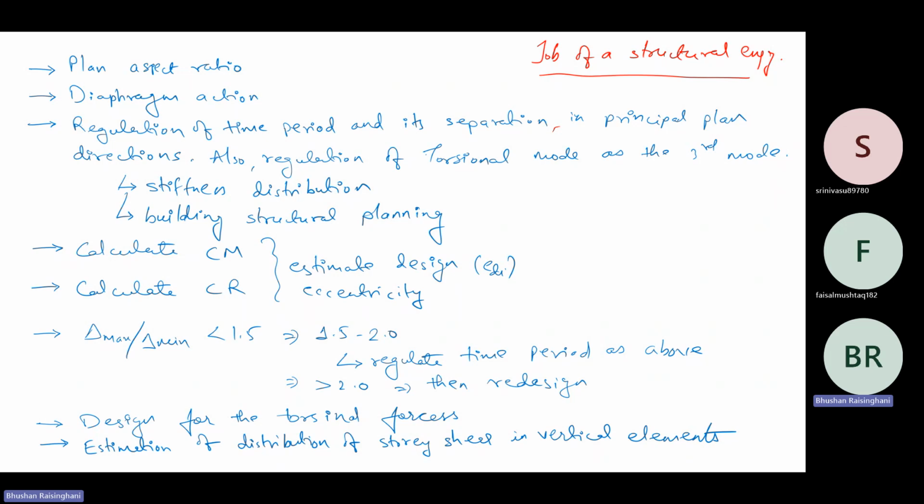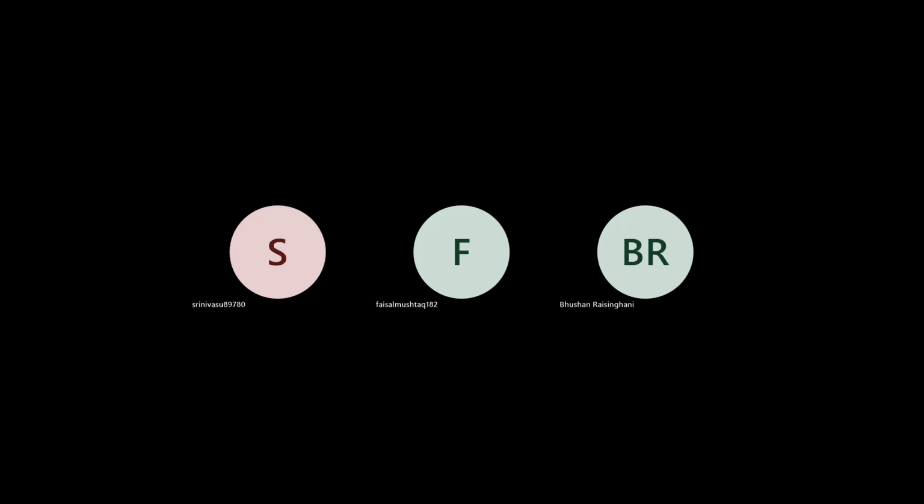So any queries on CM and CR? I hope you are clear on what you have to follow as per the IS code, what the plan requirement of the building is, and what the vertical requirement of the building is, that is, all irregularities are to be considered.